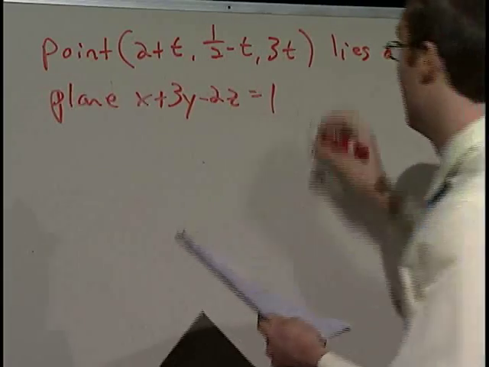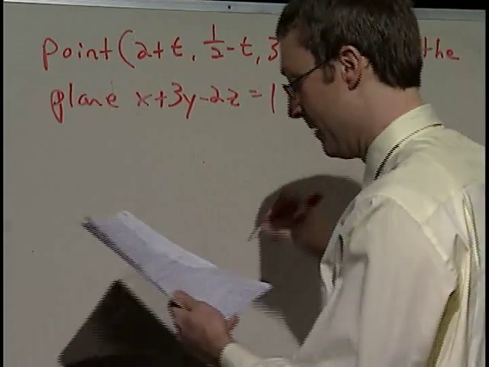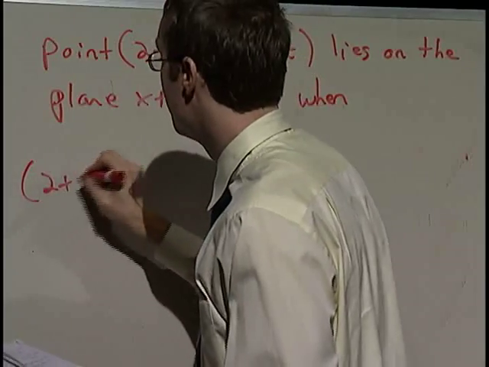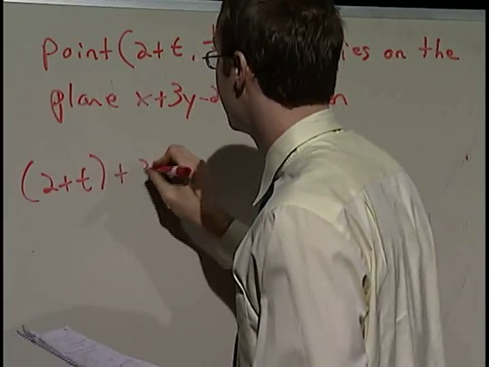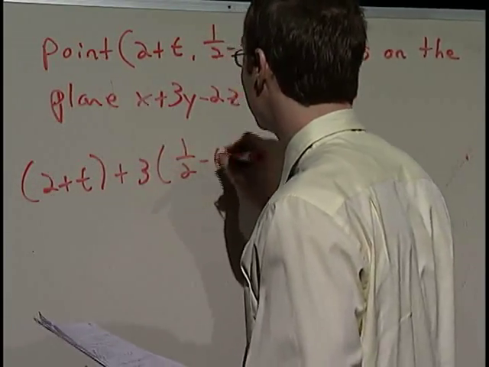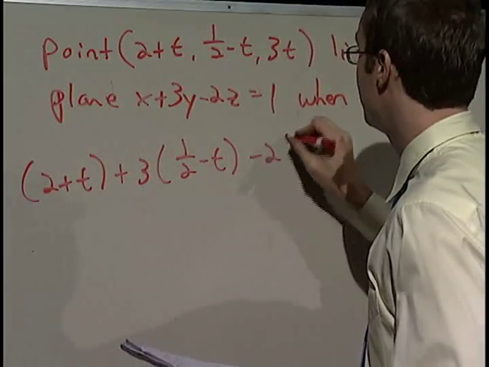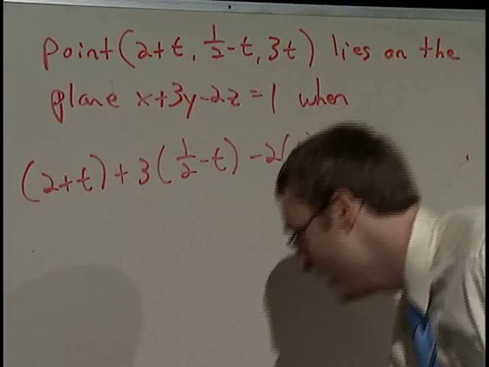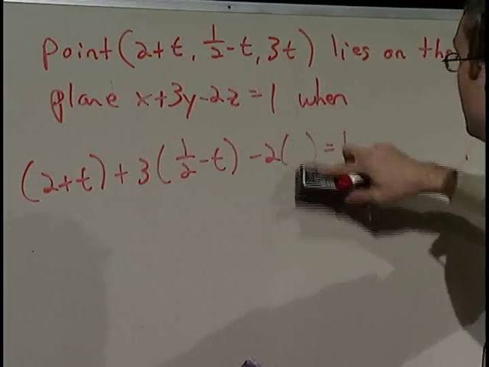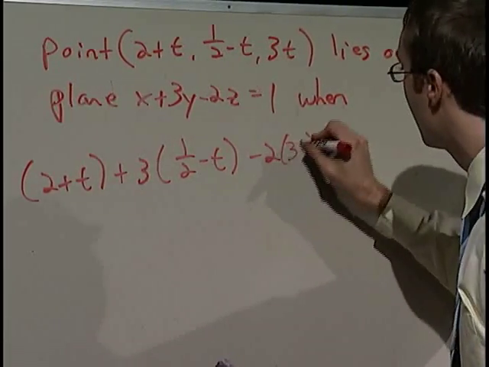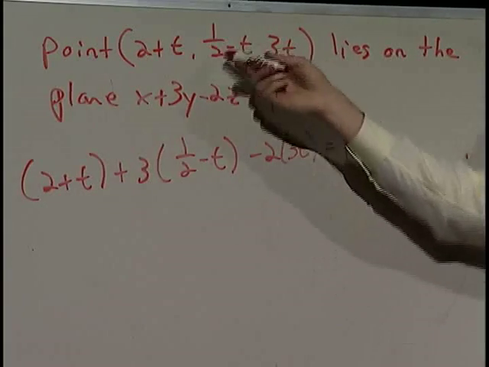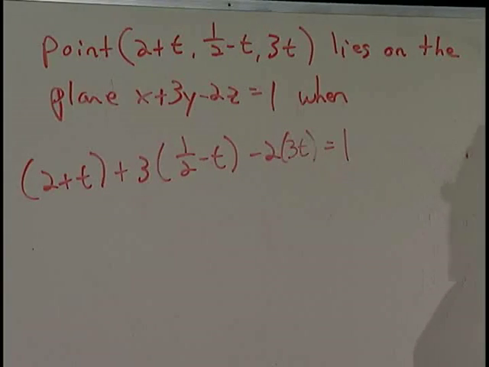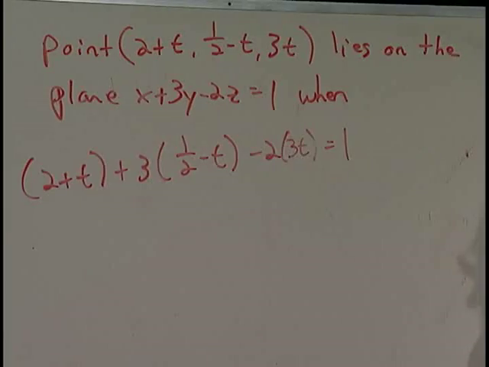When 2 plus t plus 3 times 1/2 minus t minus 2 times 3t equals 1. So when the coordinates of the point satisfy the planar equation, the point is on the plane.